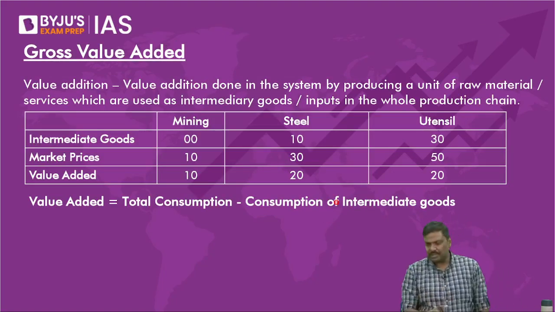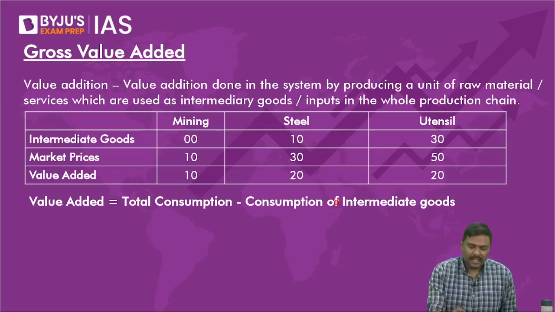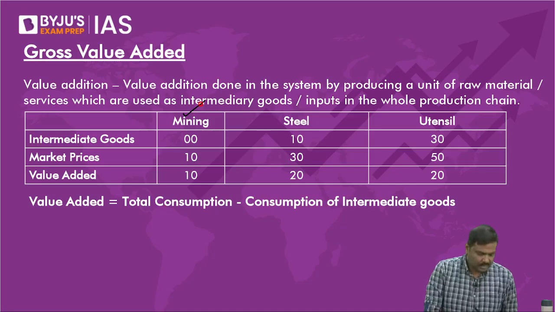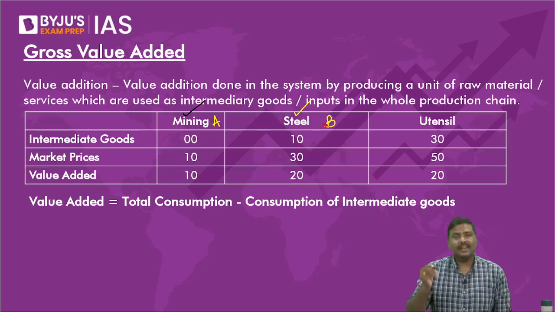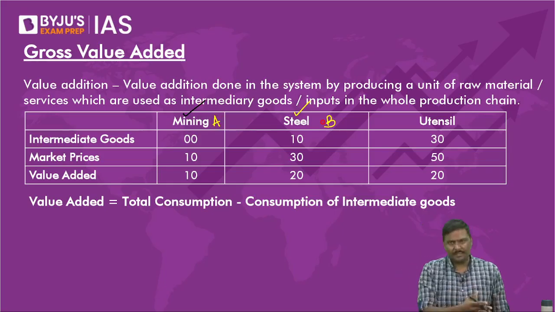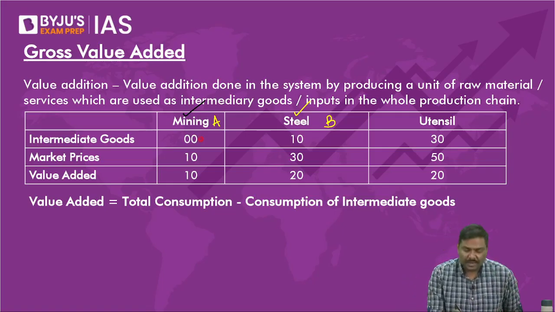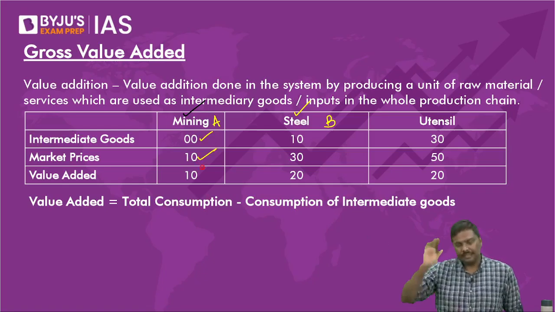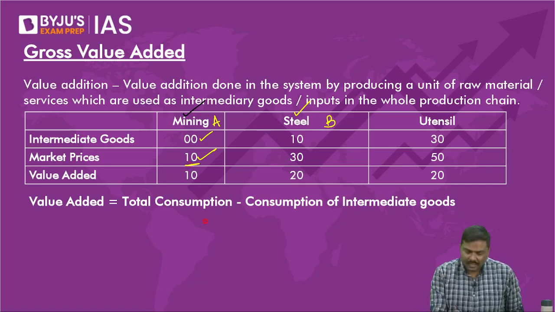Just to make it much more clear, have a look at this. Imagine mining is done and company A will sell the iron ore to company B. It is the same example I've told just now, and I've written it here. The mining company will sell this iron ore to company B at 10 rupees.